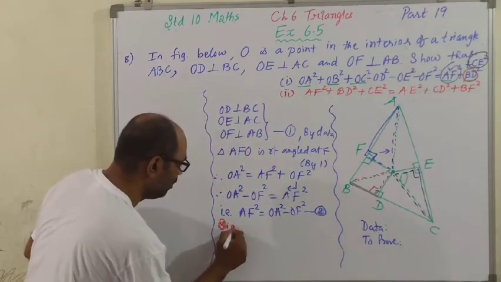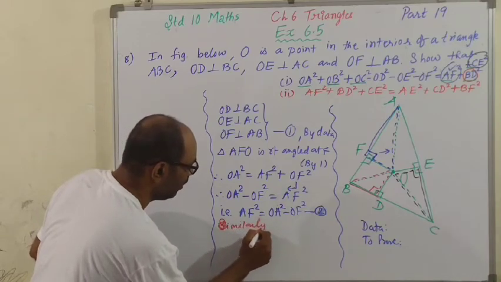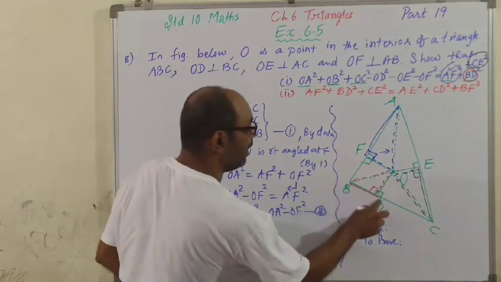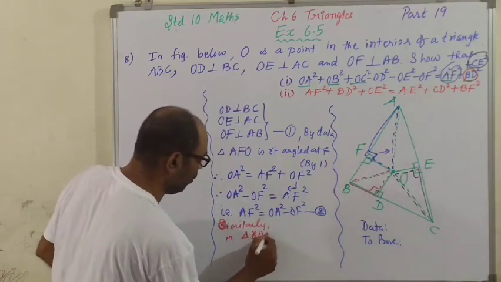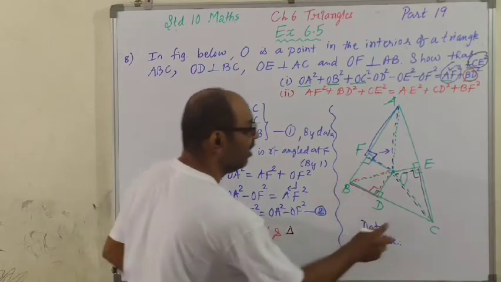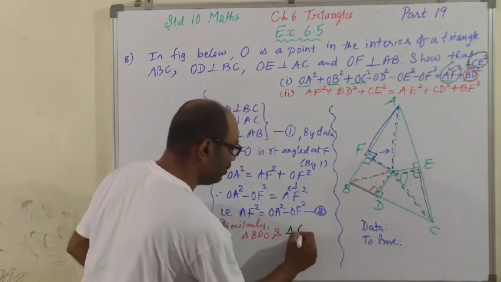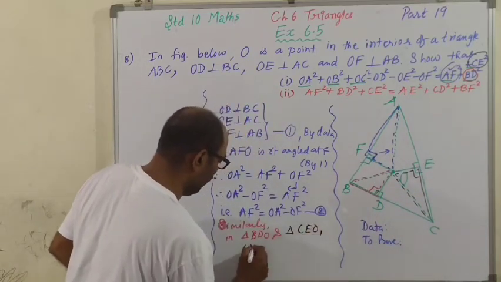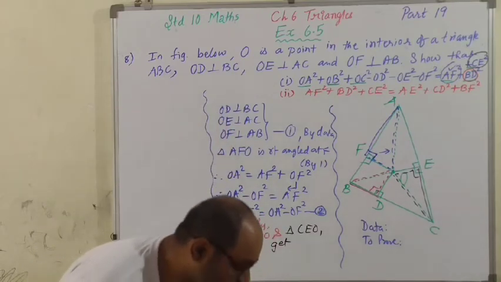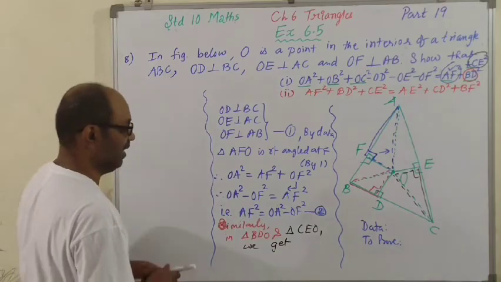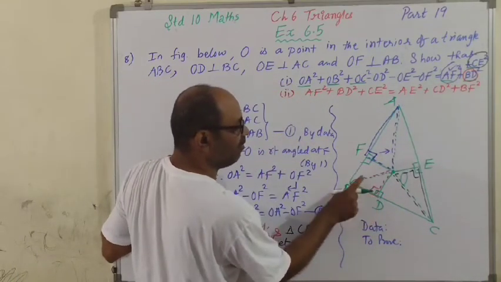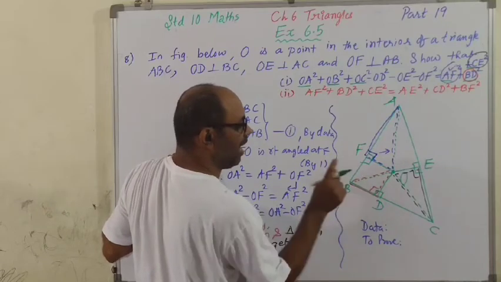Similarly, in triangle BDO and triangle CEO, we get, children, be careful, what we want is BD, here, BD will be OB square minus OD square.